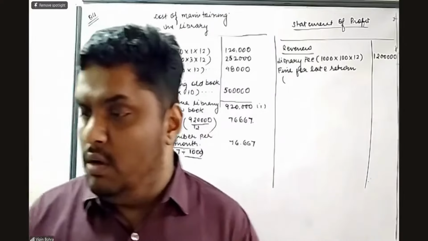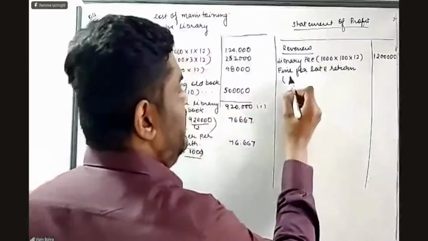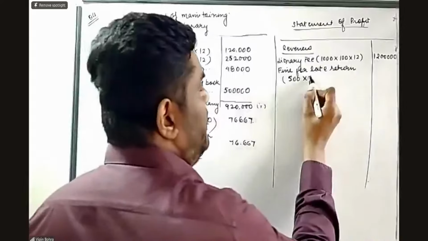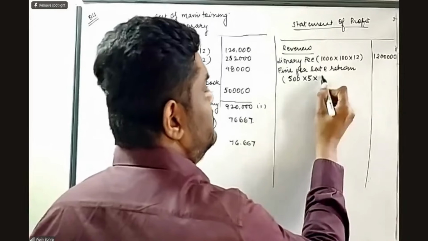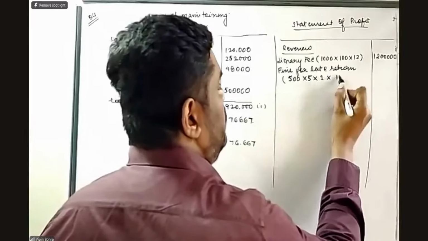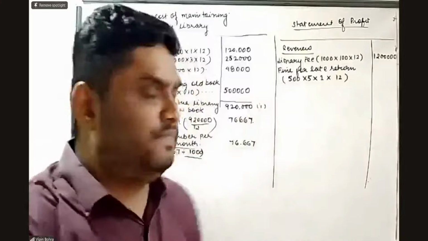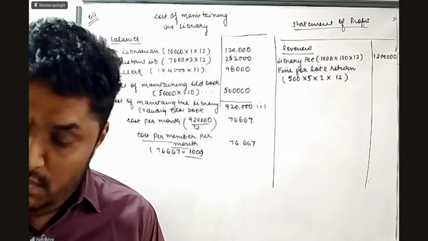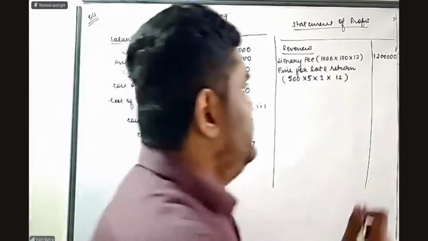So 500 books are returned every month late, generally for a period of 5 days, and rupees 1 into 12 months in a year. So it is 30,000.